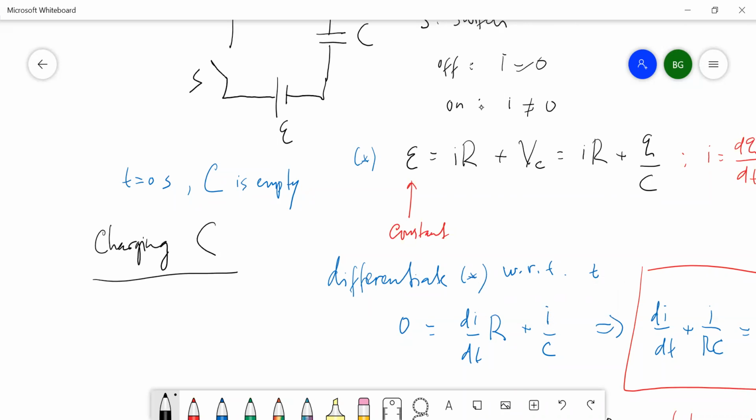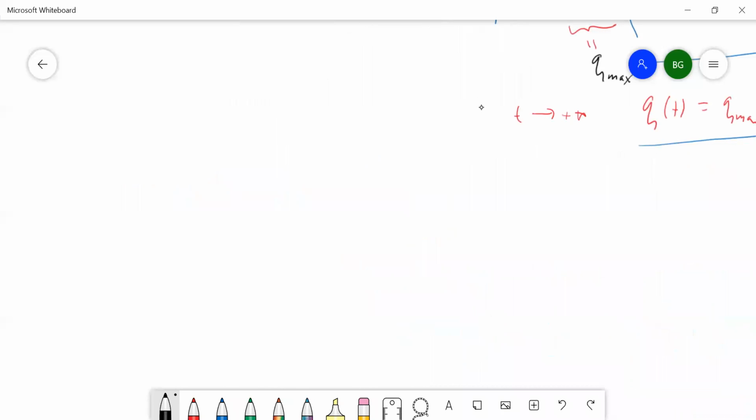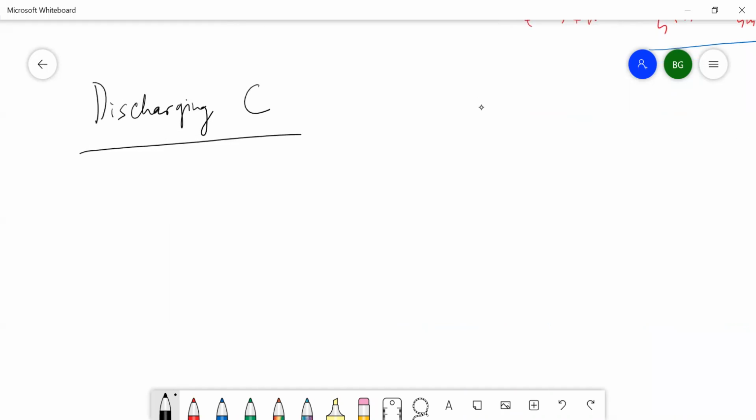The second case, we will discuss discharging the capacitor C. This is the opposite case from the first example. The second example is about discharging the capacitor.